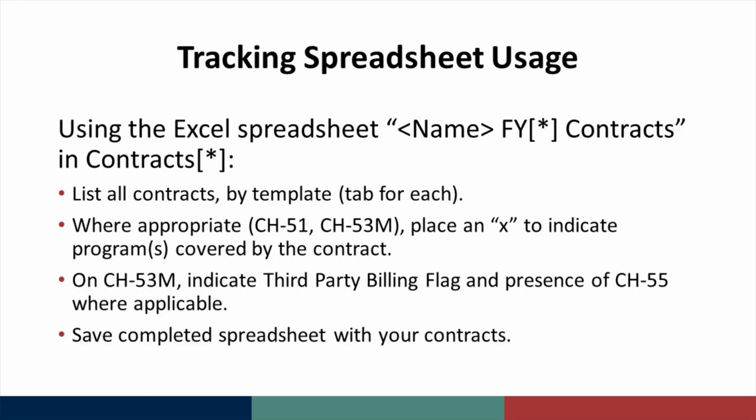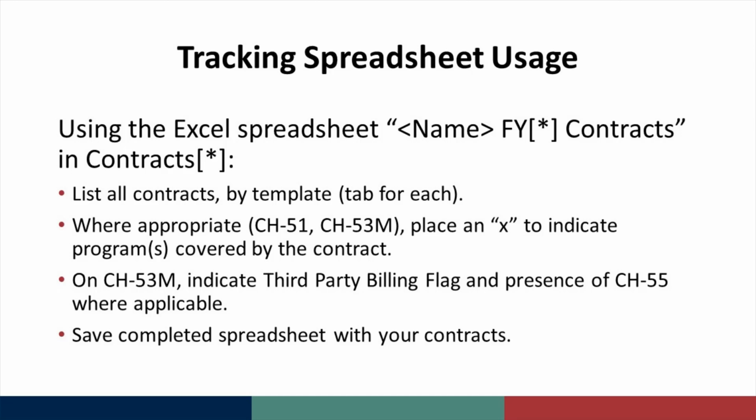You will find a tab for each template in the spreadsheet. Where appropriate, for CH51 and CH53M contracts, as well as for CH52 school contracts, place an X to indicate any program or programs that have services covered by the contract.